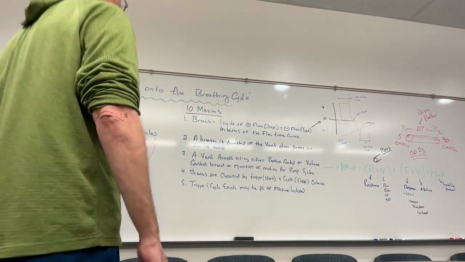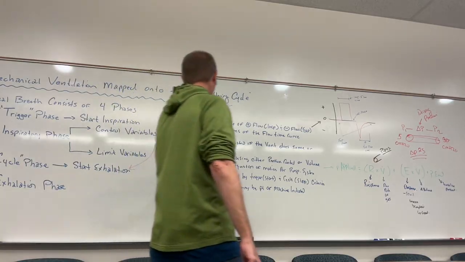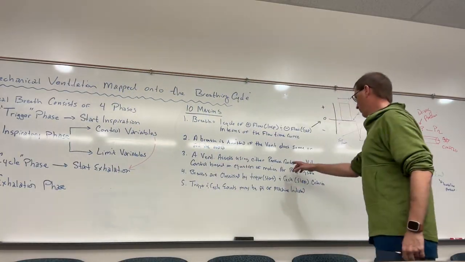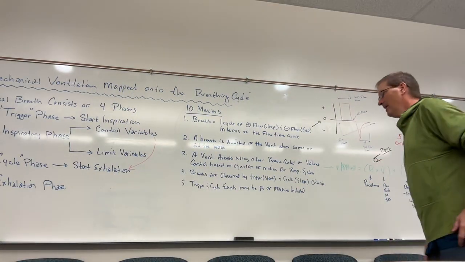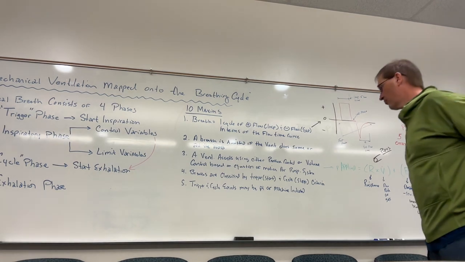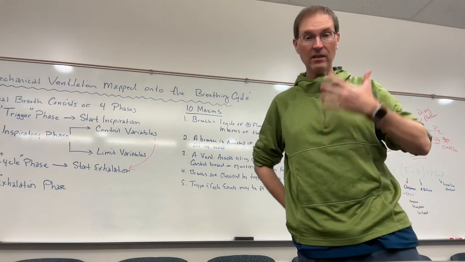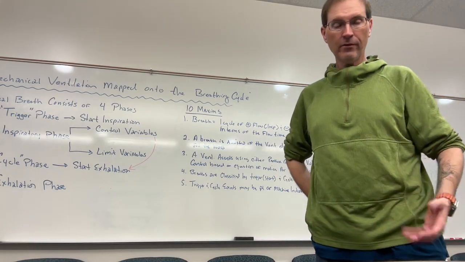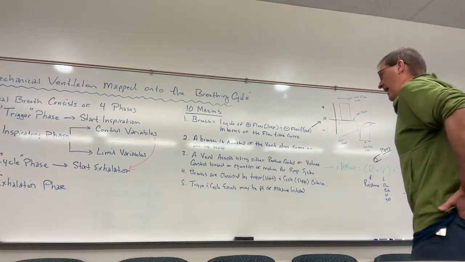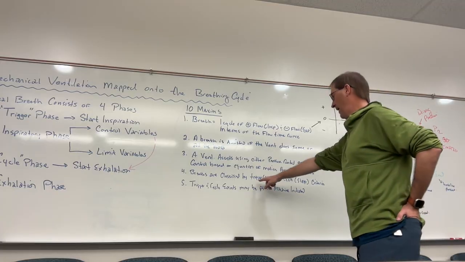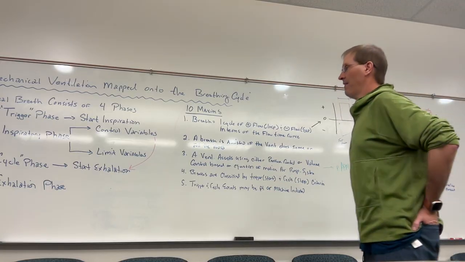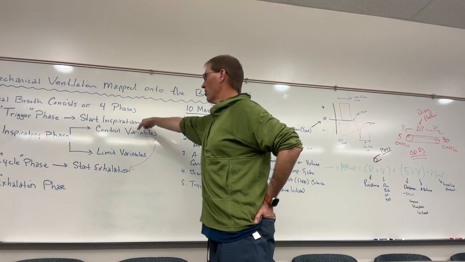All right. Number 3, a ventilator assists using either, we talked about that. Number 4, breaths are classified by trigger and cycle. So when we classify mechanically delivered breaths, we categorize those breaths by how they're triggered, and that is what we use to start the inspiration.